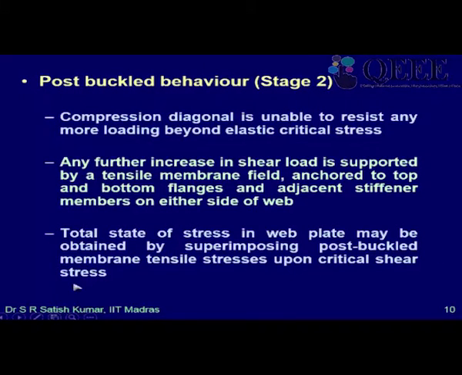So I get tau critical plus what is called the tension field stress or action. That field which is pulling our membrane is called the tension field action, and that is the tau TF. So that is how we can still calculate the load at which the plate takes the load.